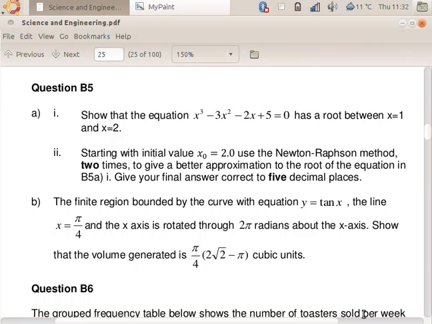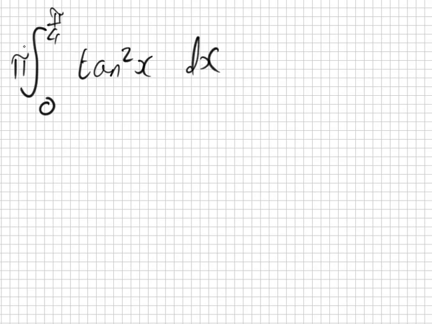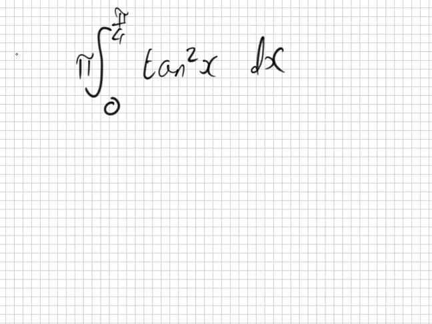Okay. So basically the question is this. Integrate from 0 to pi over 4 tan squared x dx. Oh yeah, and the pi here too, for volume. How did you know that from the question after that from limit 0?